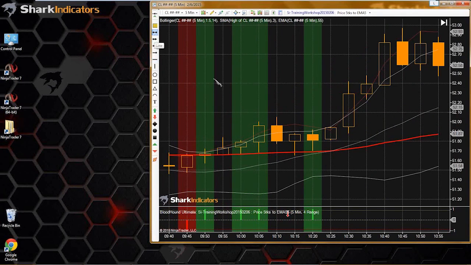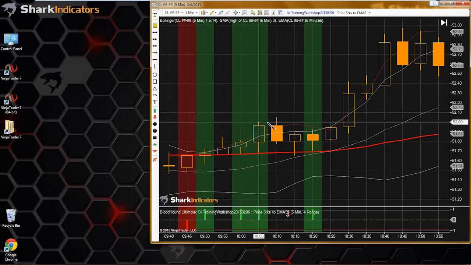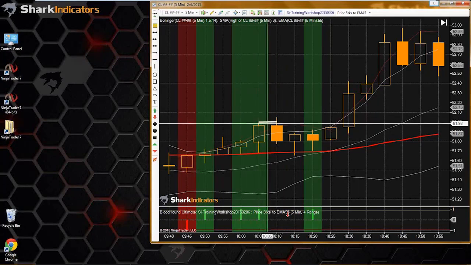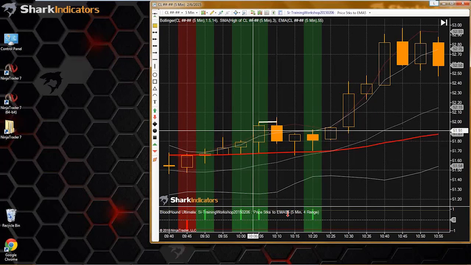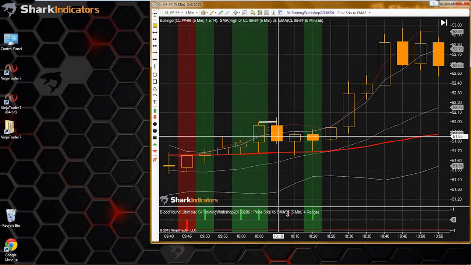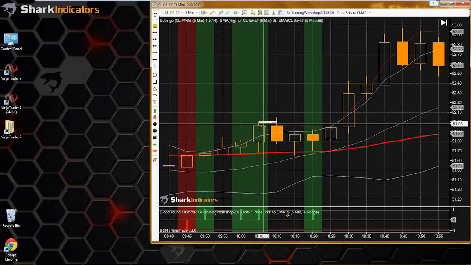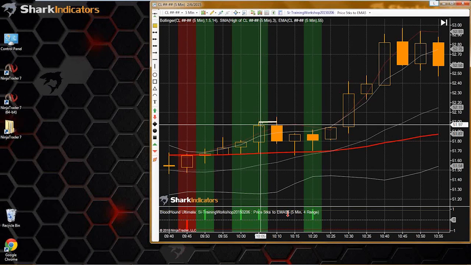So I could say, if we look at this bar, here's the high, and I can see the high of the next bar did break it, but it was a down bar. So you have to note to yourself exactly when you say break, when you say price, when you're describing stuff, you really have to be very specific.